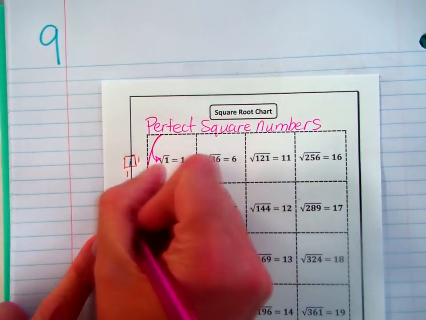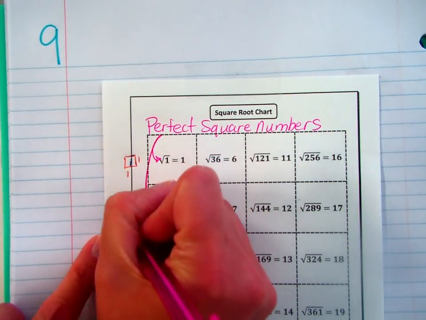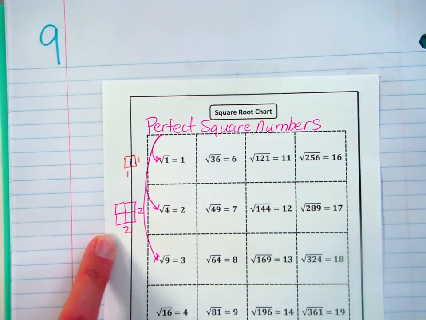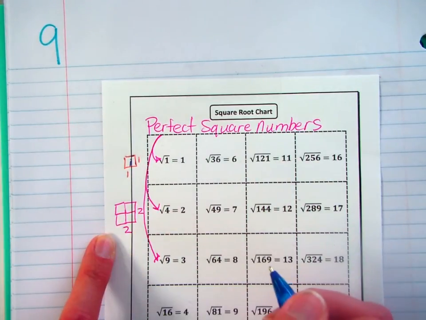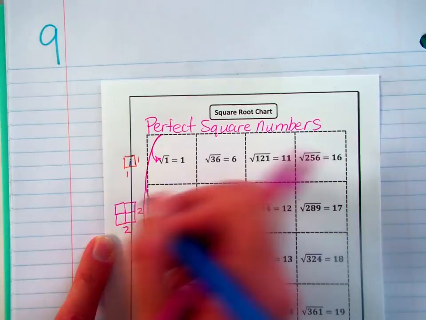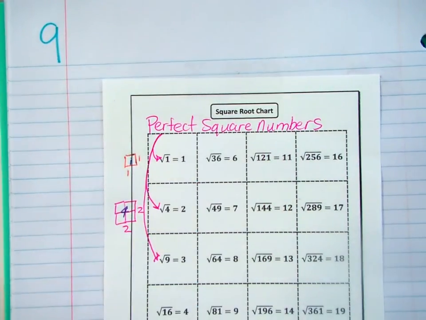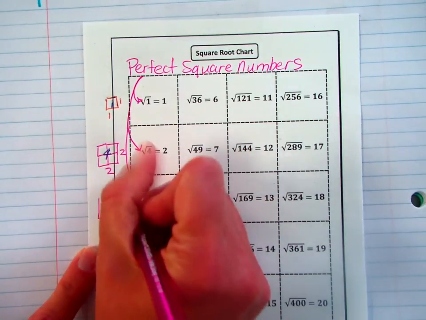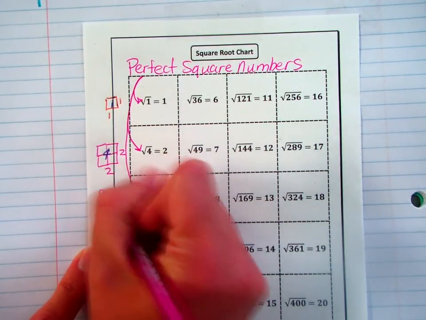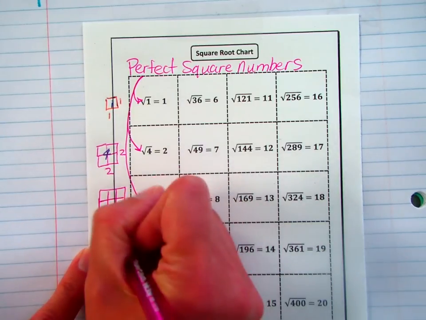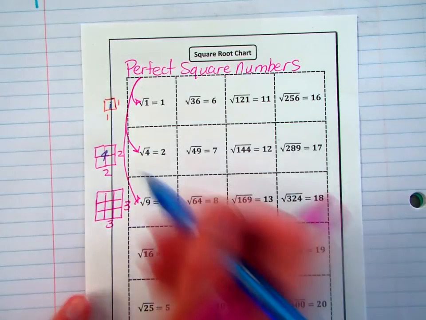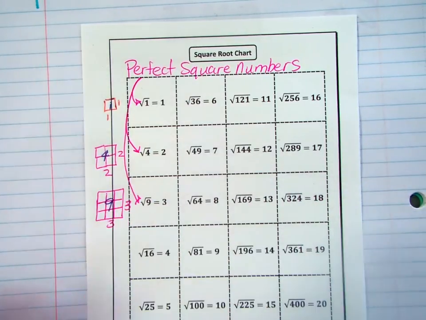If I have a square that's 2 by 2, my area is 4. If I have a square that's 3 by 3, my area is 9.